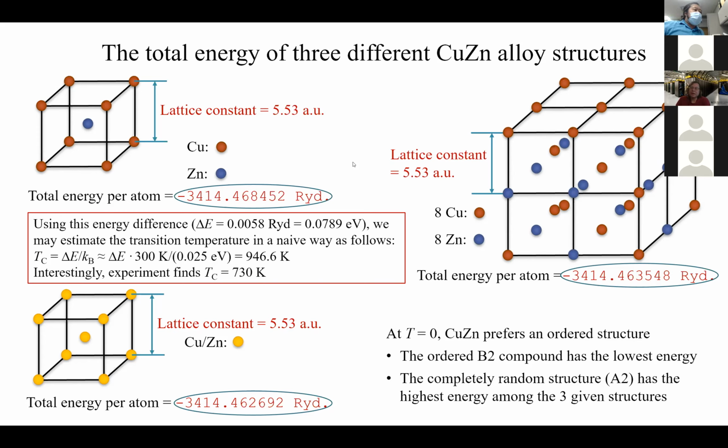So if you construct your supercell accounting for slight differences in the probability of finding some type of atom next to a different type of atom.